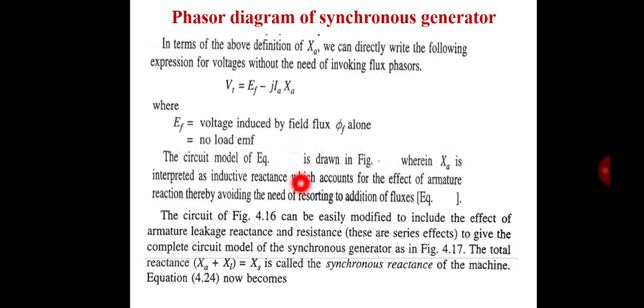The circuit model is drawn in the figure, wherein XA is interpreted as the inductive reactance which accounts for the effect of armature reaction, thereby avoiding the need of resorting to addition of flux.